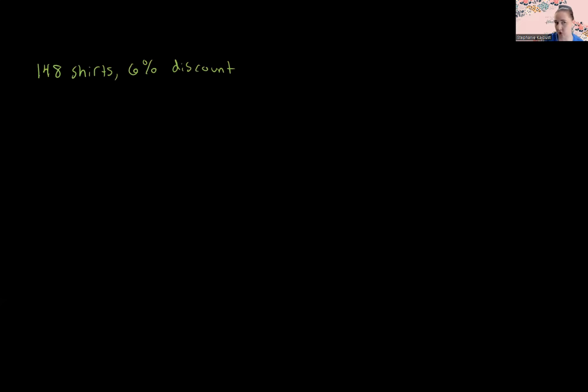So it's the same formula that we just did for 50. You have 148 shirts and it's $8 per shirt. And then you multiply by 1 minus the discount, which in this case is 1 minus 0.06. So 148 times 8 is 1184.